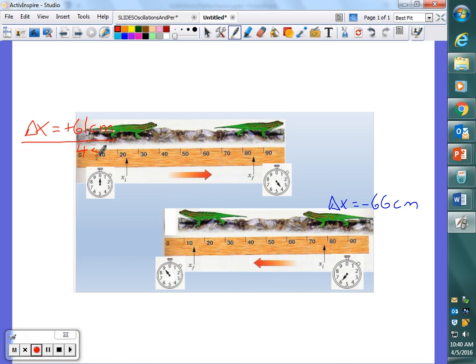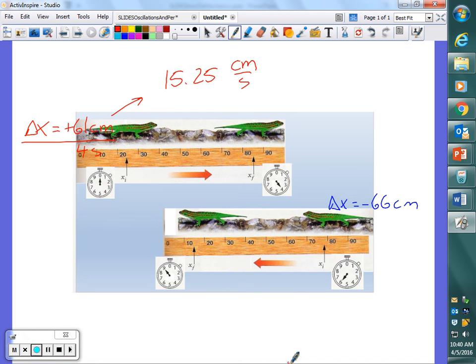So we'll take positive 61 divided by 4 seconds, and we'll get 15.25. And then what's the unit going to be on this? Meters per second. What is this distance measured in? Centimeters per second. So this isn't an SI unit, but it is a distance over time. Okay? Does that make sense?